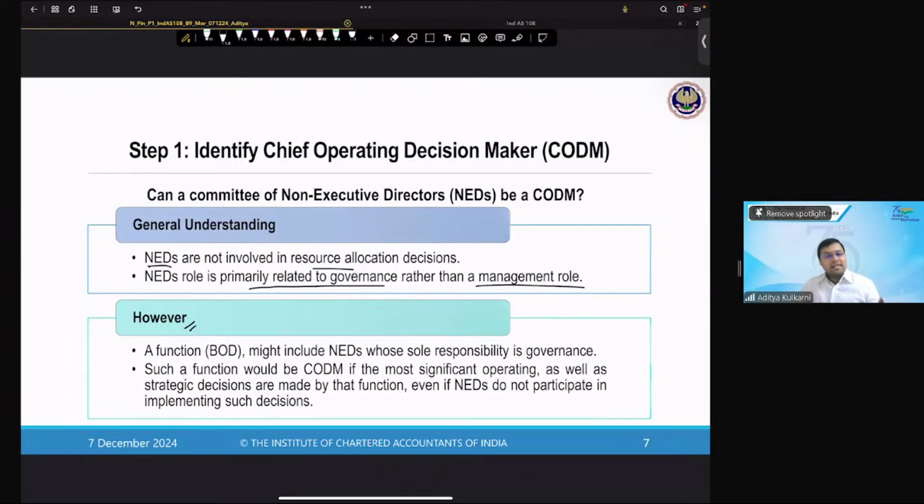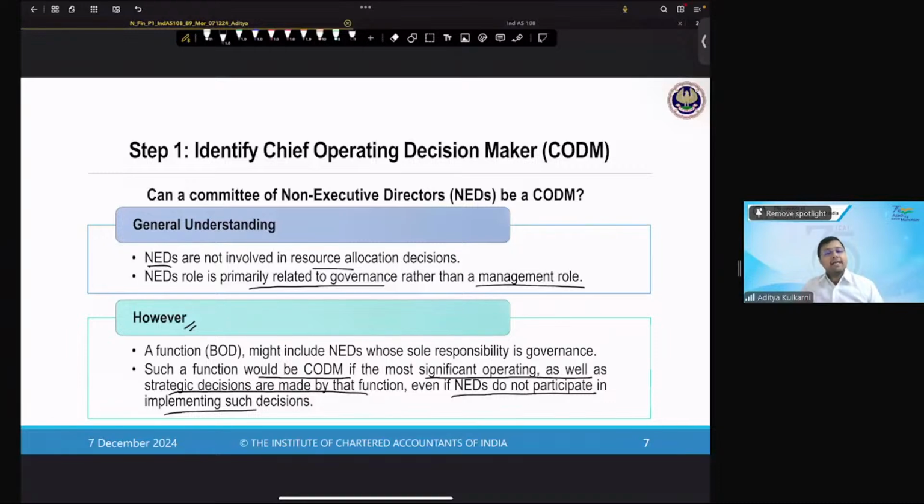In this case also, is NED responsible? The answer is generally no, but a function would be CODM if the most significant operating as well as strategic decisions are made by that function, even if NEDs do not participate in implementing such decisions.